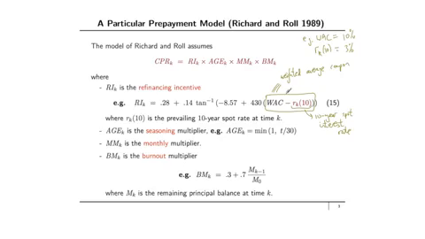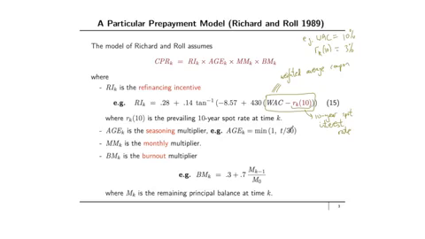So in fact, this number here, although it might be difficult to see it when you've got this inverse tan function, but this RIK here will increase as WAC minus RK10 increases, and therefore it will increase the CPR. Age is what's called the seasoning multiplier. So again, T is measured in months, and it's a minimum of 1 and T over 30. This is just meant to capture the fact that early in the lifetime of a mortgage, a homeowner is very unlikely to prepay.